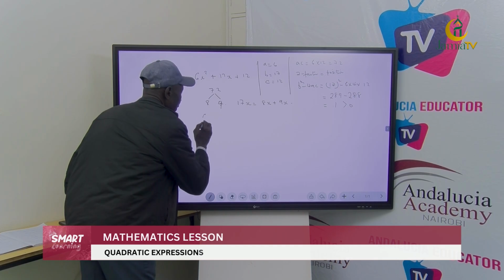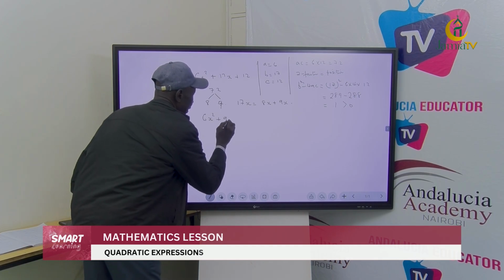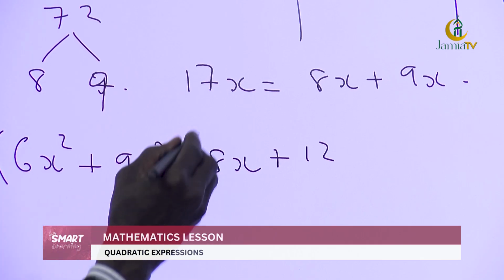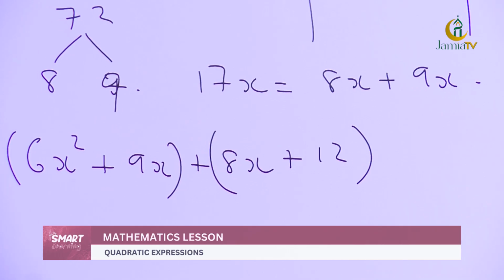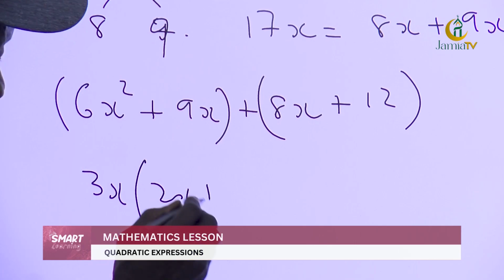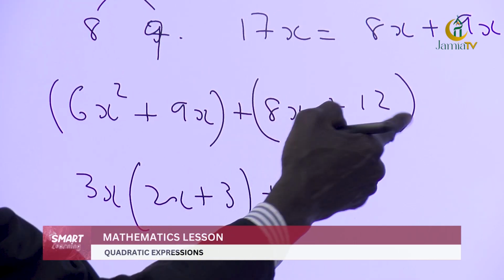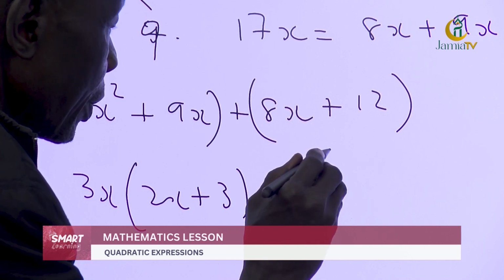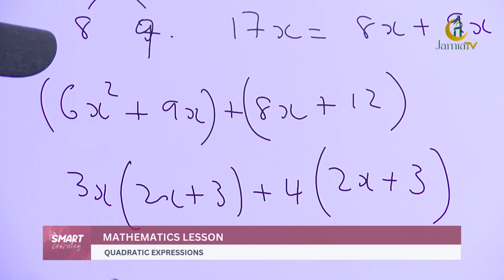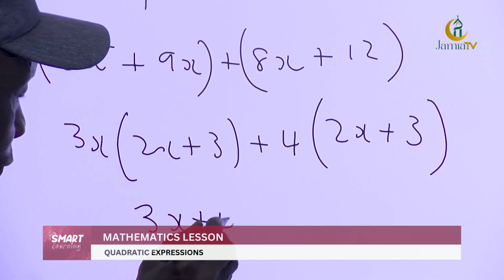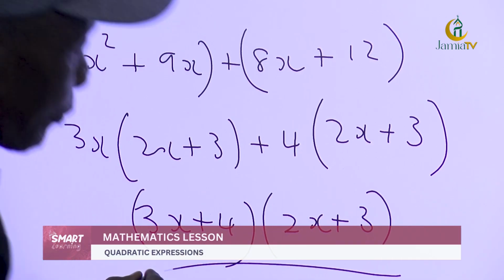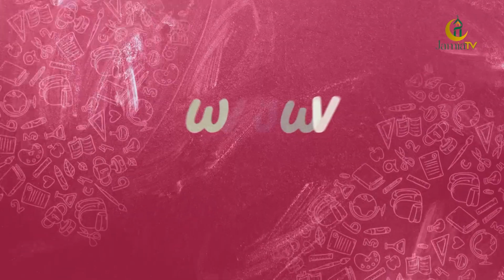So we're going to have 6x squared plus 9x plus 8x plus 12. Then we group. What is common here is 3x, 2x plus 3, plus what is common here is 4, 2x plus 3. So we quickly have 3x plus 4 multiplied by 2x plus 3, and you'll have finished factorizing.